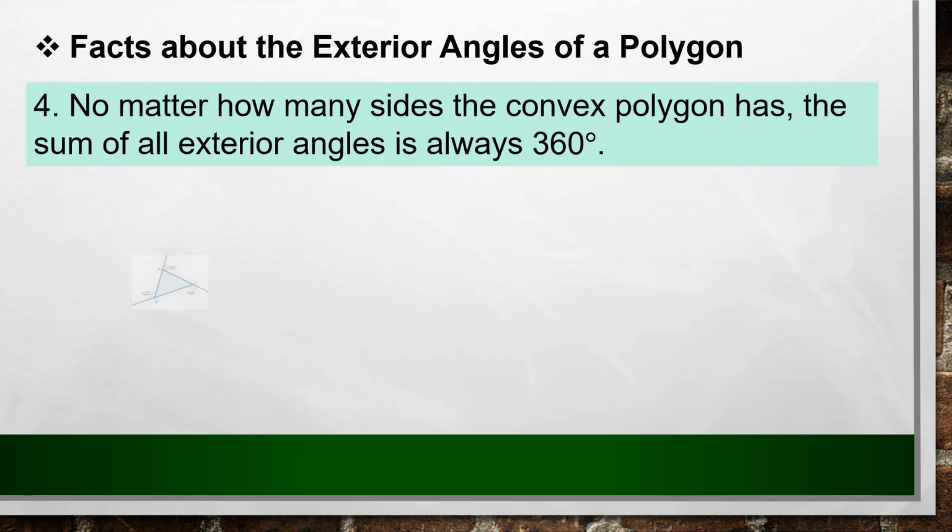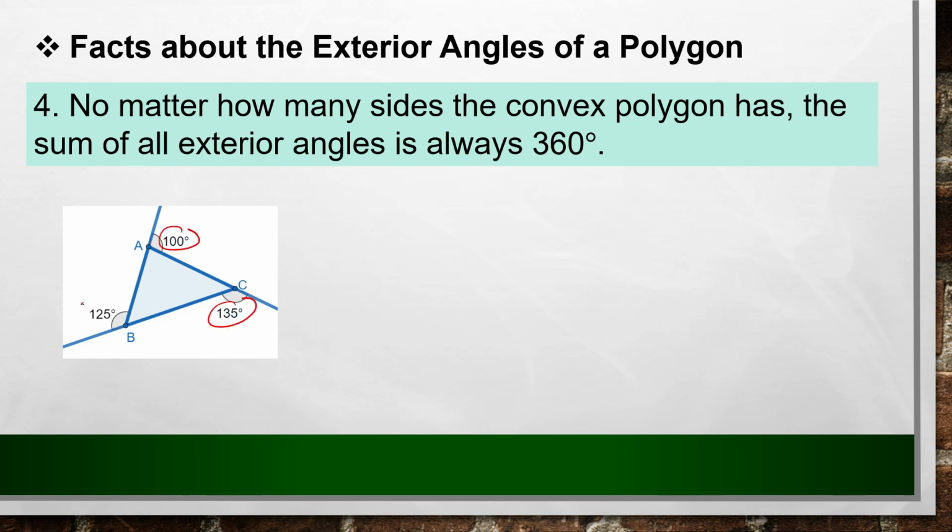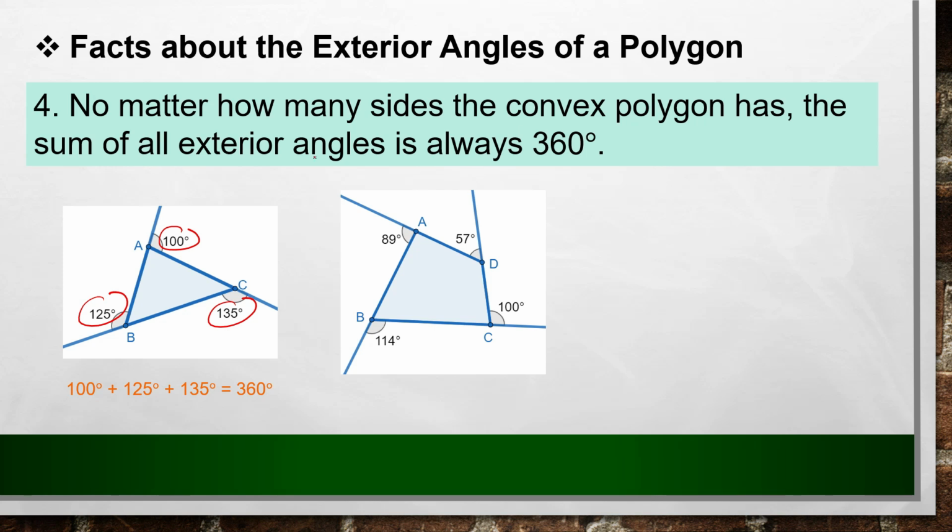Okay, so for example, here we have a triangle. So this is one exterior angle. You add that to 135 and then 125. You can use a calculator. That will be 360 degrees. Okay, so for a quadrilateral, if you add these exterior angles, 57, 100, and 114, you can verify this using your calculator.